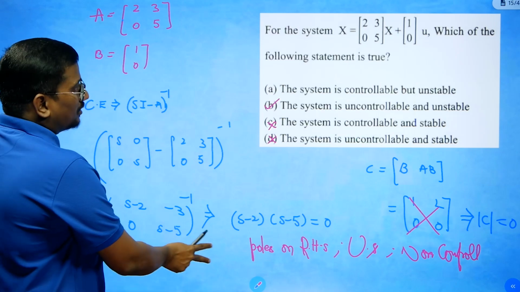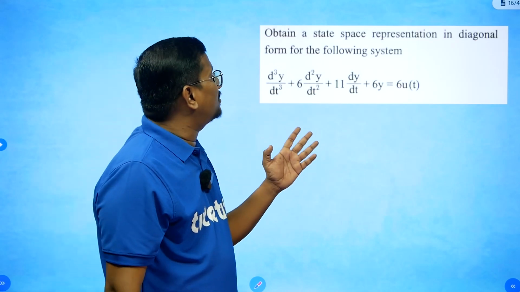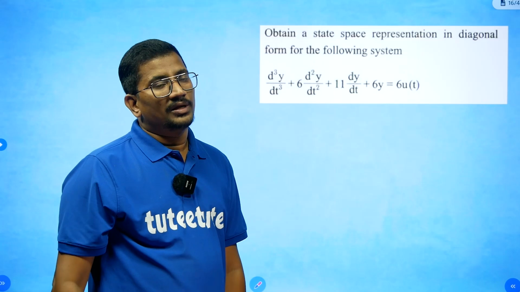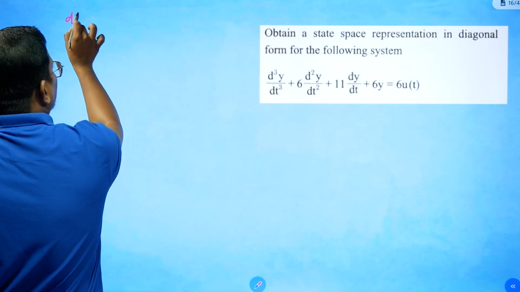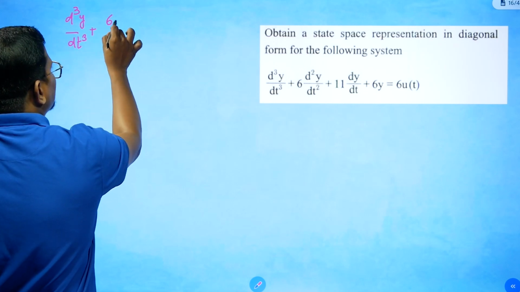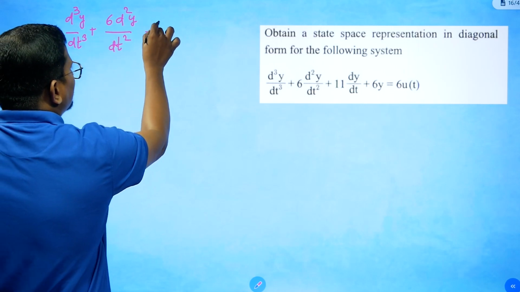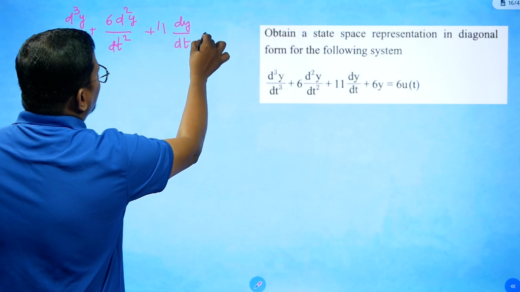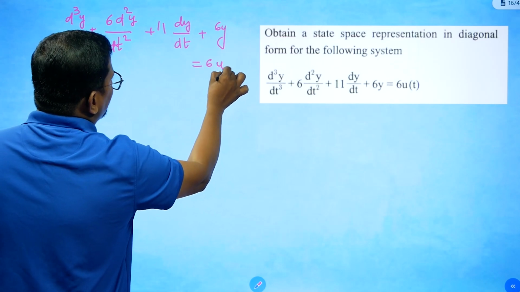Now let us see another question. Obtain the state space representation in diagonal canonical form for the following system. So for the diagonal canonical form, first we need to write this equation: d cube y by dt cube plus 6 d square y by dt square plus 11 dy by dt plus 6y equal to 6u of t.